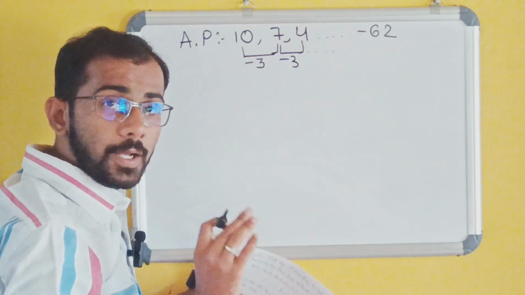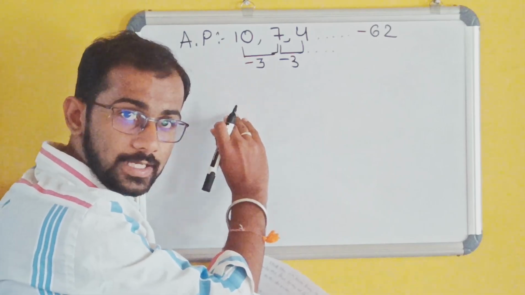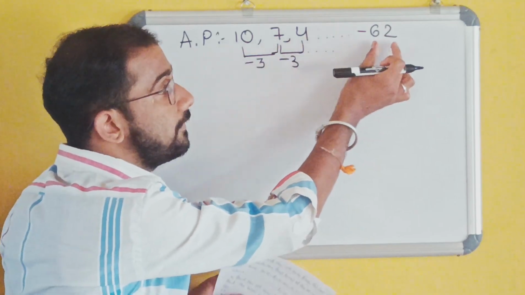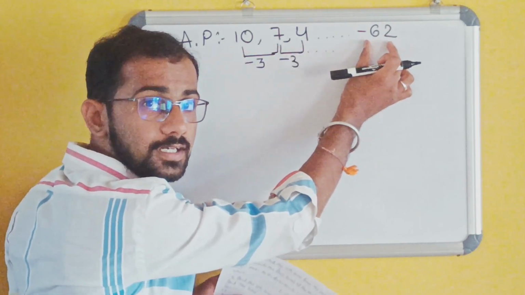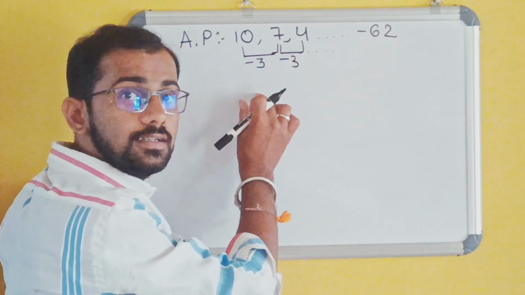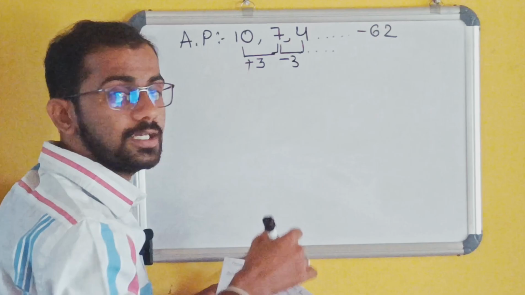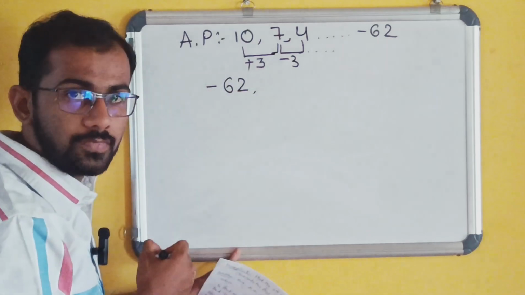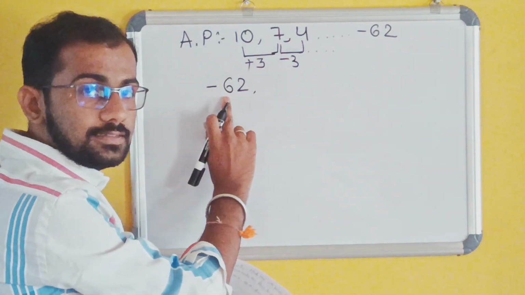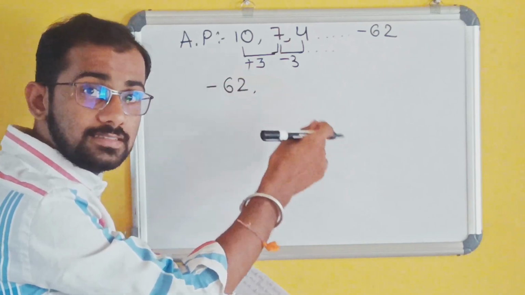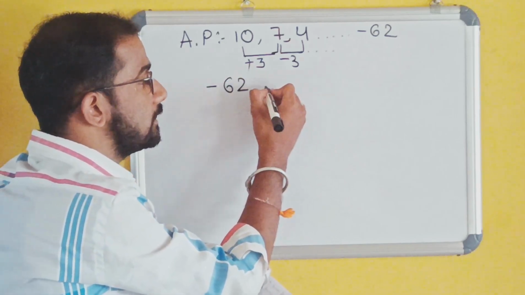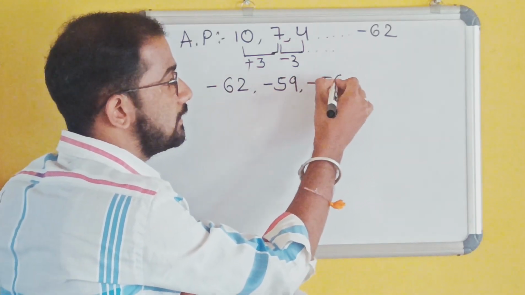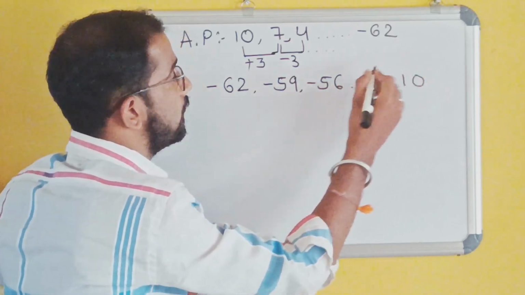But if you write this sequence in reverse order, starting from minus 62, the common difference becomes plus 3. How? Minus 62, add plus 3 gives minus 59, then minus 56, and so on up to 10.